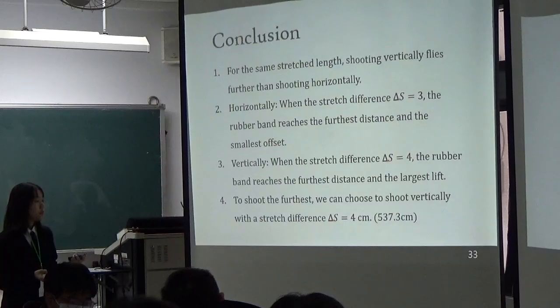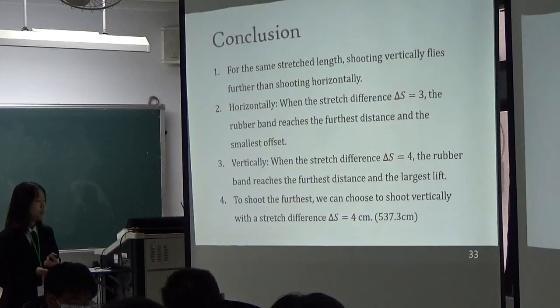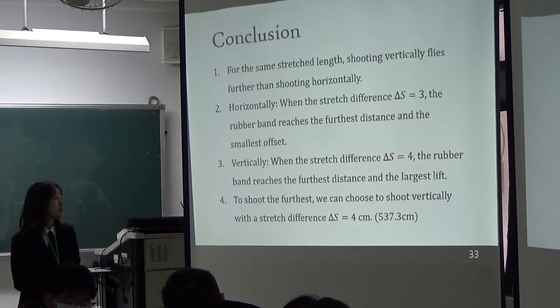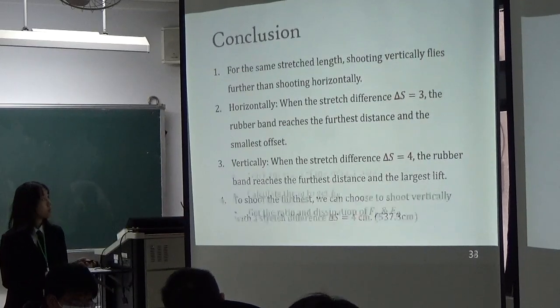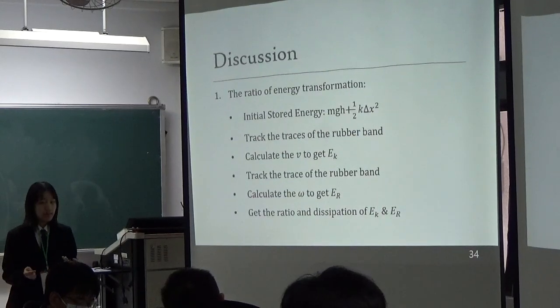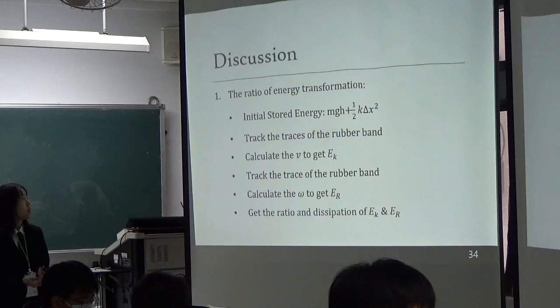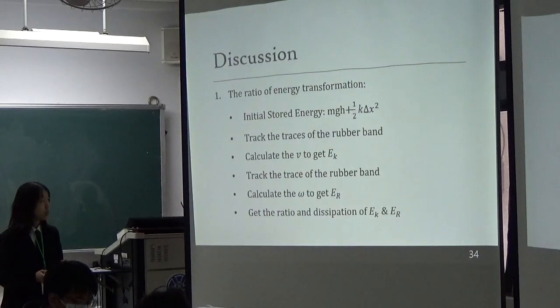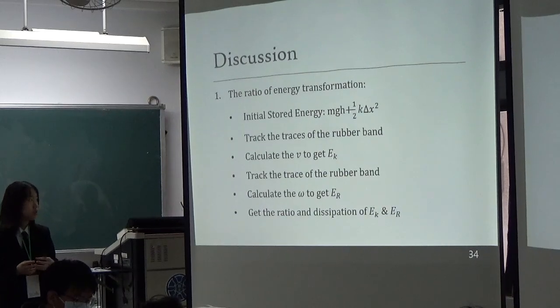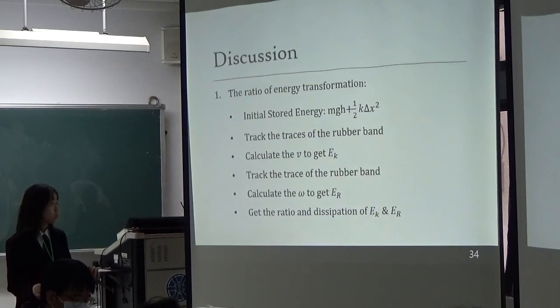The furthest distance I've achieved in the experiments is about 537 centimeters. For the discussion part, I mentioned the energy transformation in the theory part, but I didn't calculate the ratio between how the potential energy transforms into kinetic energy and rotational energy.